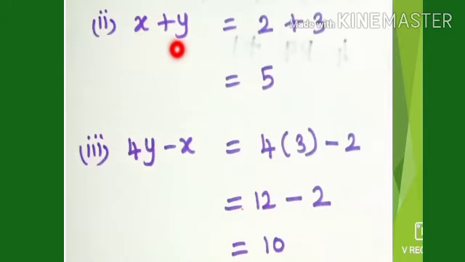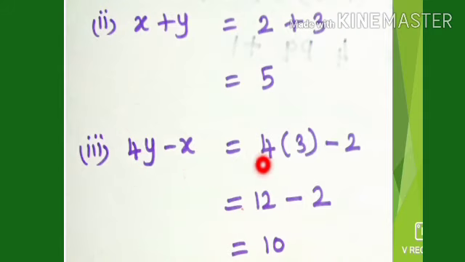Here x plus y, an algebraic expression, is given. Replace each variable by the given numerical values to obtain an arithmetical expression. So here the value of x is 2 and the value of y is 3. In the next step, 2 plus 3 is 5. The next algebraic expression is 4y minus x.